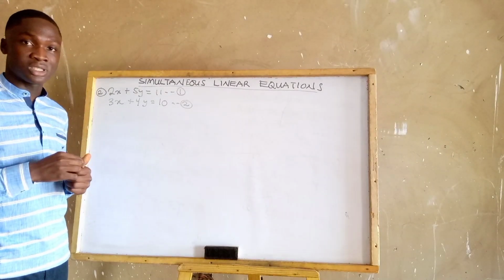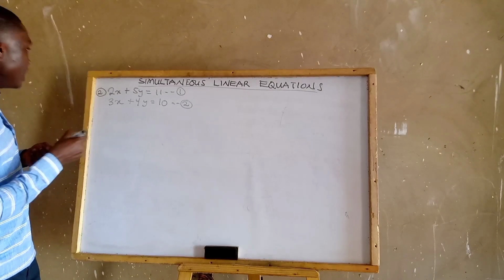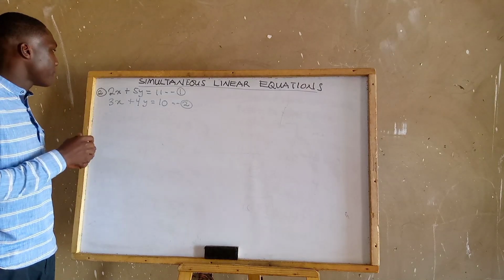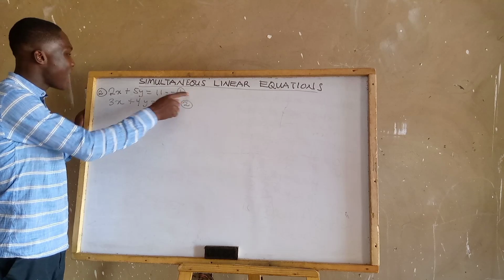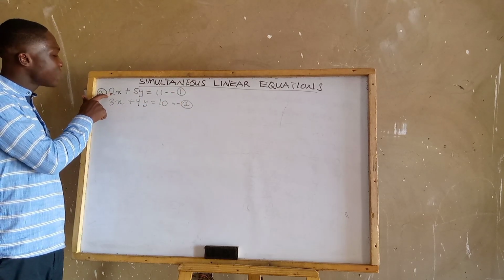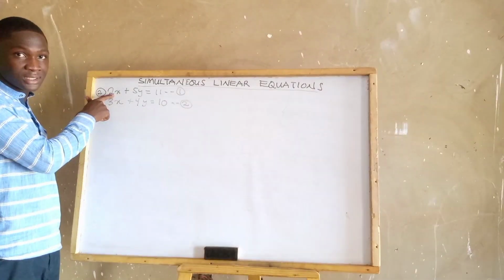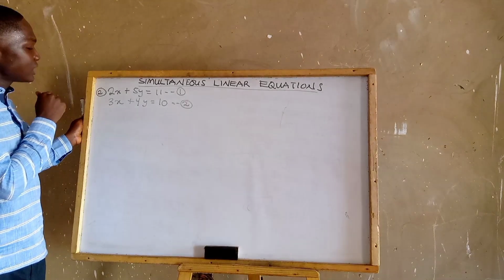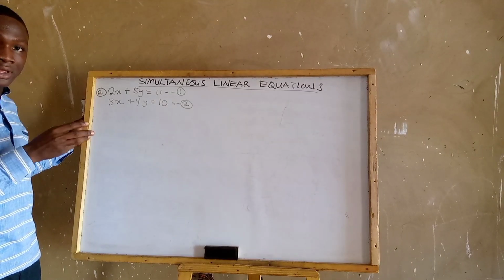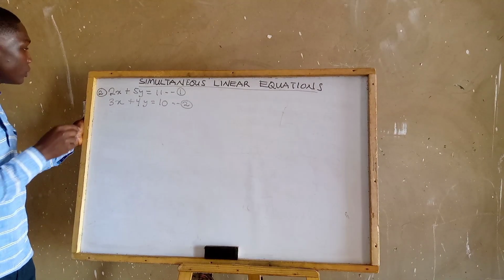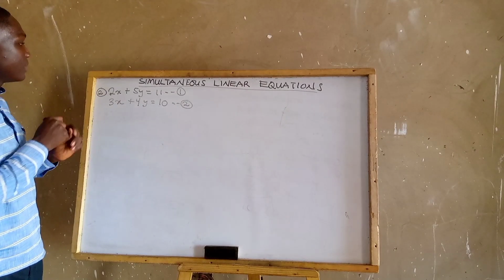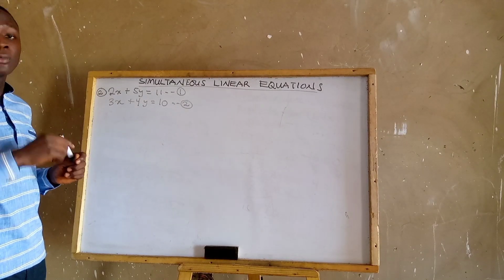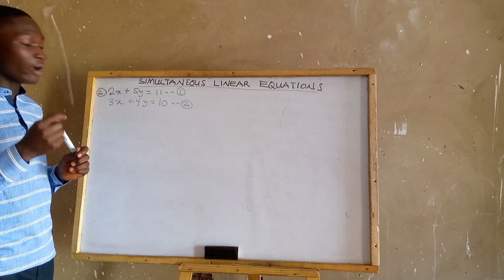If you multiply equation 1 by 3, 3 times 2 gives us 6. And if you multiply equation 2 by 2, 2 times 3 gives us 6. So now you can eliminate x as the variable.